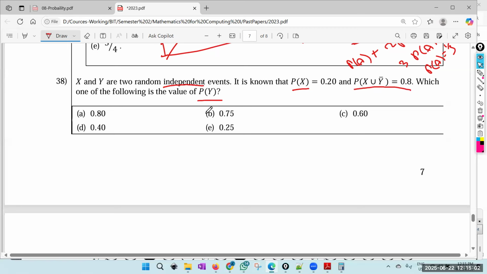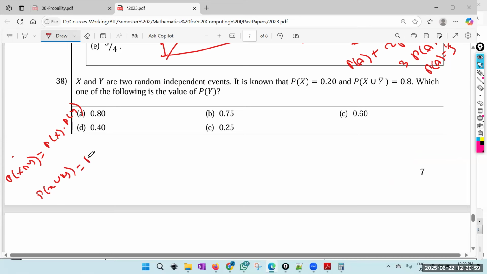If X and Y are independent events, then P(X intersection Y) is P(X) times P(Y). That is the rule. And we can also use P(X union Y) is P(X) plus P(Y) minus P(X intersection Y).